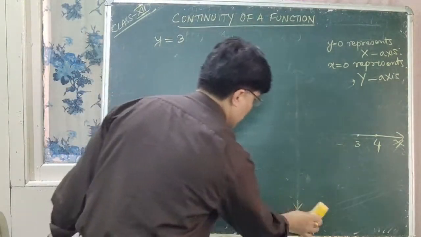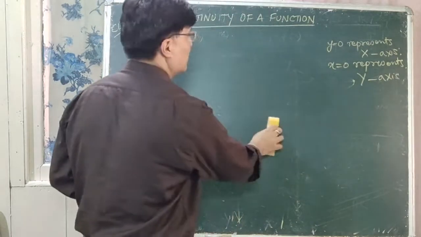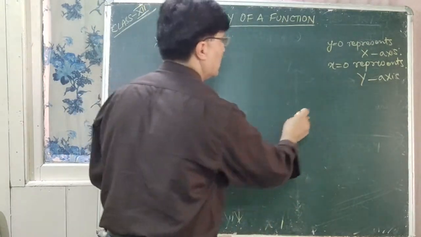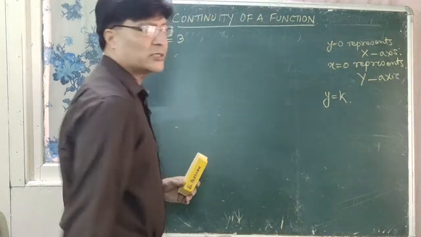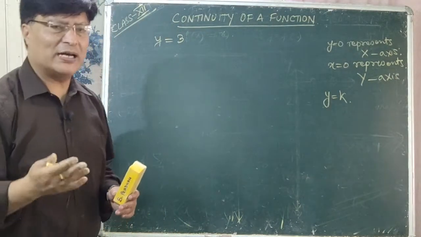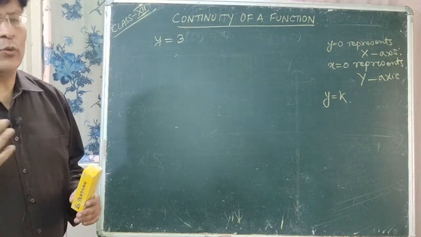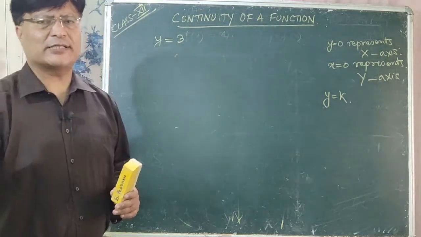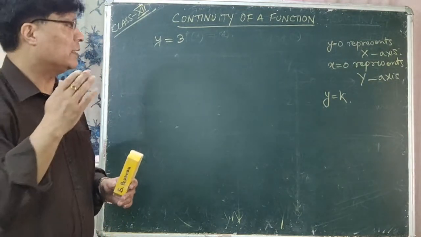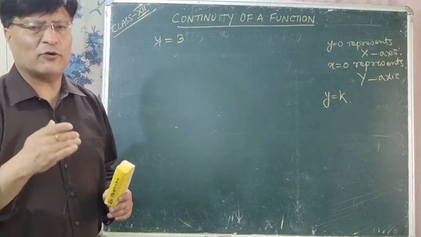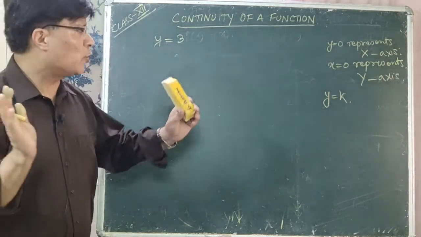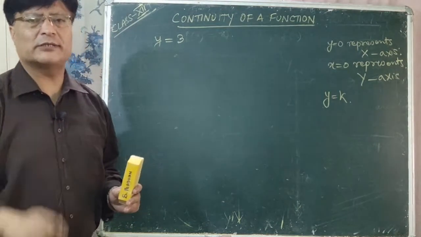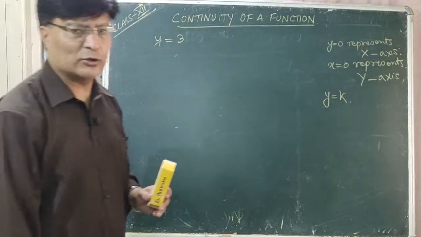So in this case we can write down that y is equal to k, where k is a constant. K may be 0, 1, 2, 3, 4, 5, 6, etc. It may be a fraction also, that is y is equal to 2 by 3, 3 by 4, 3 by 6, 3 by 9, 3 by 10, etc. So y is equal to a constant represents a straight line which is parallel to the x-axis.